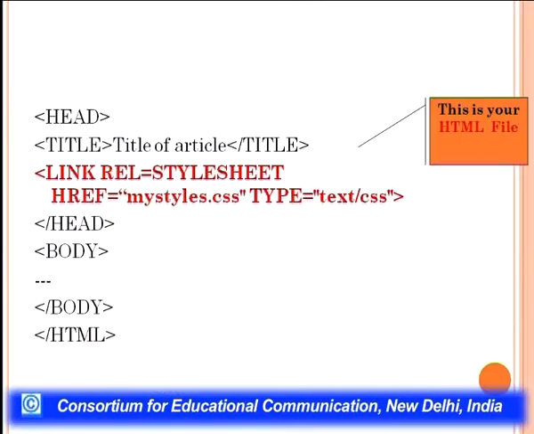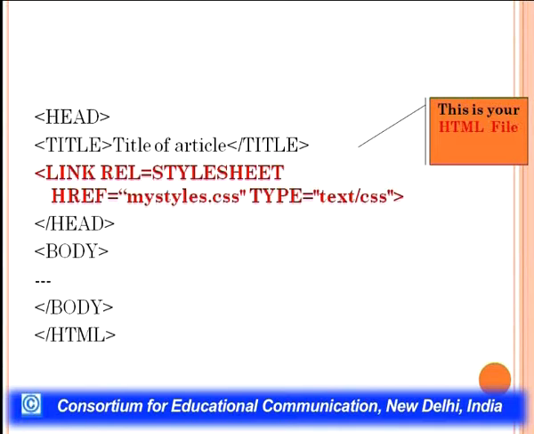So what is that tag that we use? Within the head of the HTML file, you will write the tag, the command link, and you will write REL. REL stands for relation, and that is stylesheet. Href is the address or the URL of the CSS file that you have created, and you specify the type.